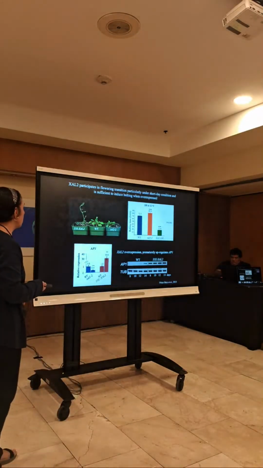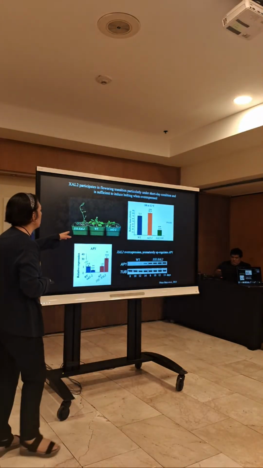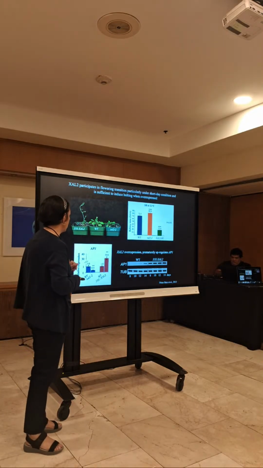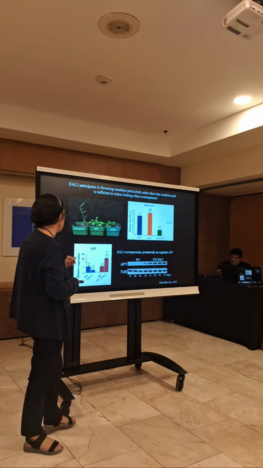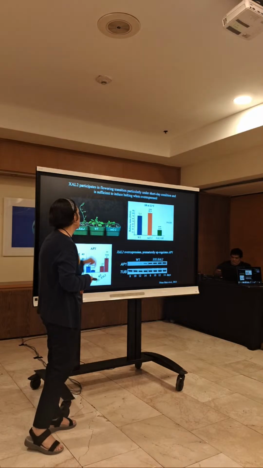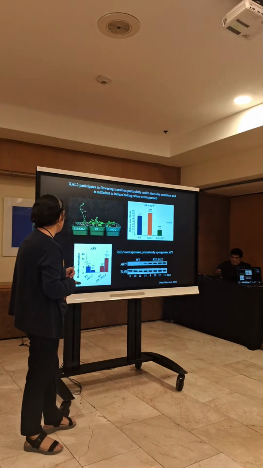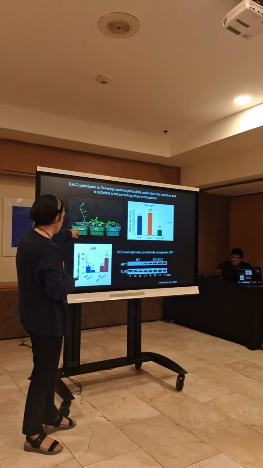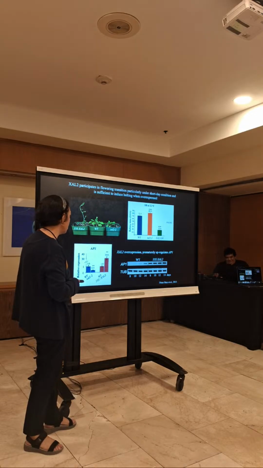And here you can see the phenotypes in flowering transition. The mutant is late flowering, the overexpression is early flowering, and this overexpression line is early flowering independently of the photoperiod that you grow it.